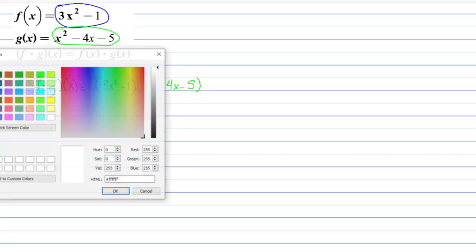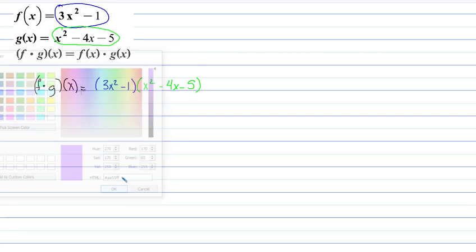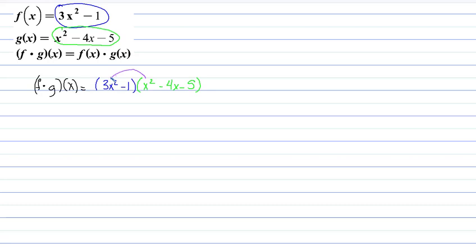And so what I'm going to do is take each of those terms and multiply it through. So I'm going to take that 3x squared and I will multiply it to each of the pieces. And so 3x squared times x squared gives me 3x to the 4th, because x squared times x squared is x to the 4th. 3 times 1 is 3. 3x squared times negative 4x gives me a negative 12x. We have 2 here, 1 here, so x cubed. 3x squared times negative 5 gives me a negative 15x squared.